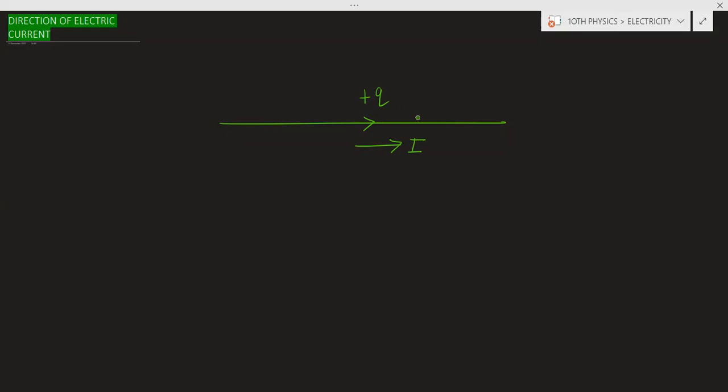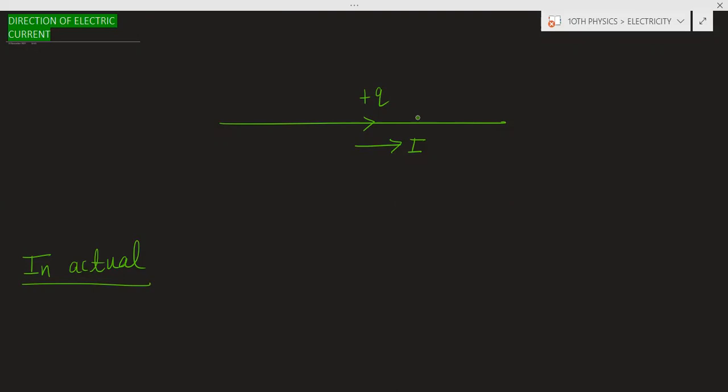Conventional means they had assumed that long time ago, when the electron was not discovered. But in actual, what happens in conductors? When we were discussing insulators and conductors, I told you that the flow of current is due to the presence of free electrons.